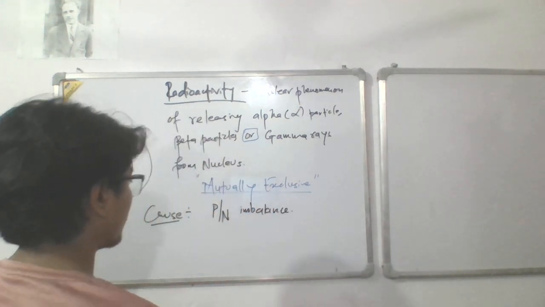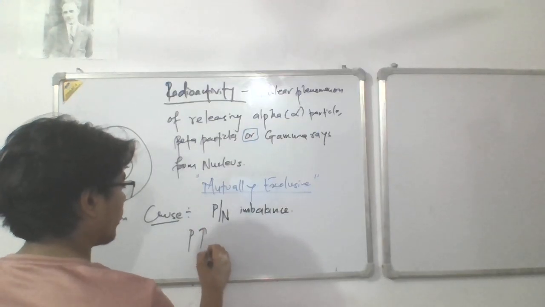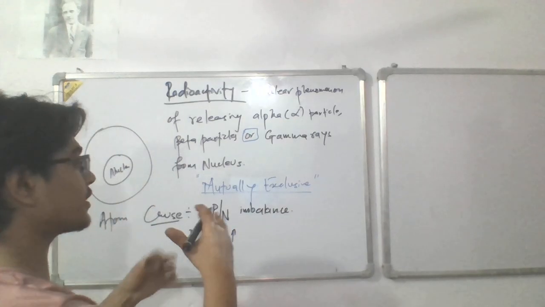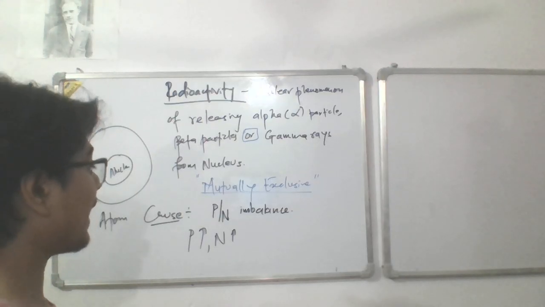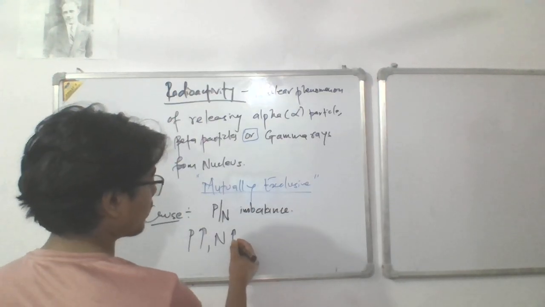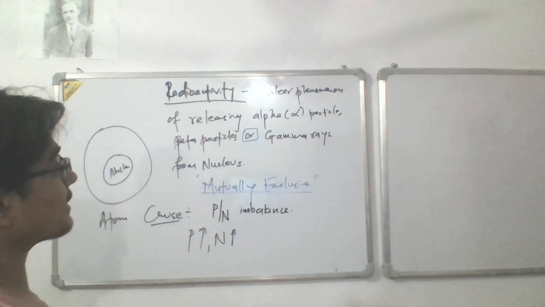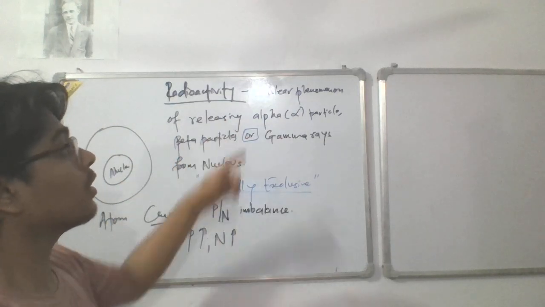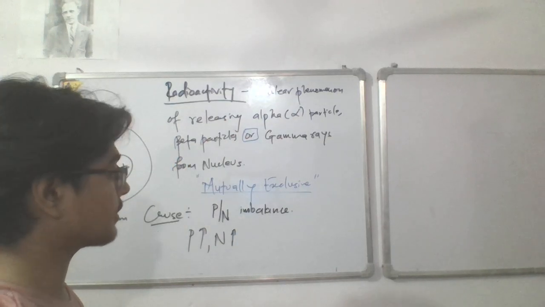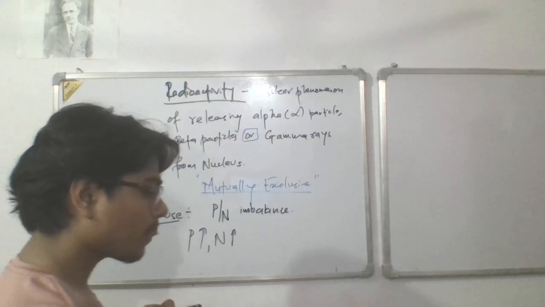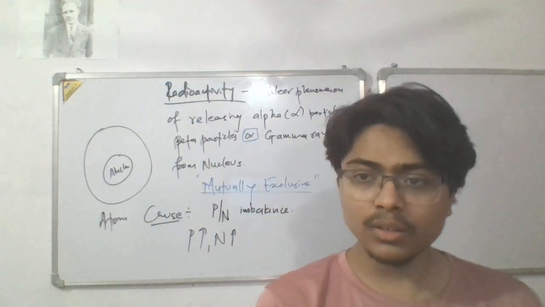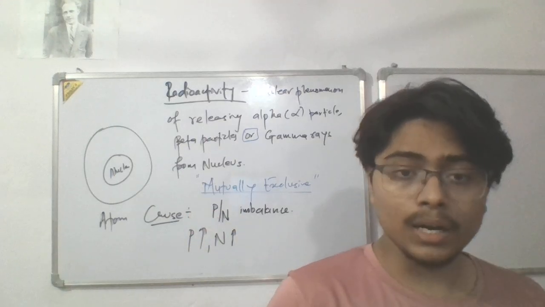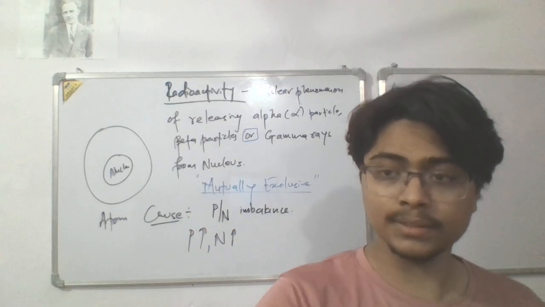That means if either protons or neutrons are greater than the other, then that would cause an imbalance inside the nucleus, and that would result in releasing of these particles.